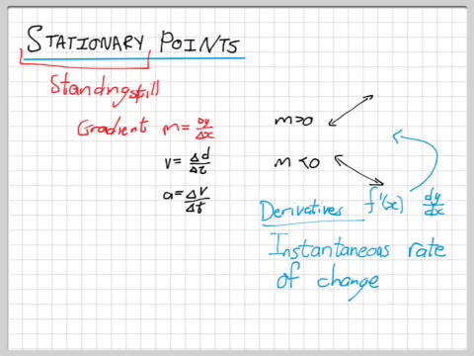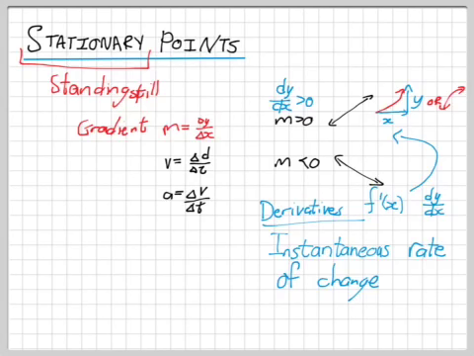If dy over dx is bigger than naught, it means as the x values of the graph increase, the y values will also increase. In other words, it would mean at that point the graph would be increasing.